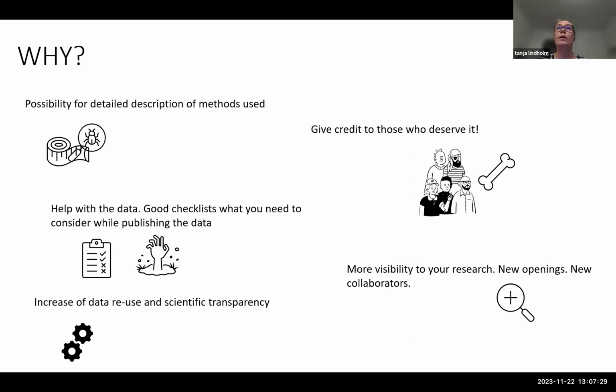And if you think about legacy data, for example, from Lammi Biological Station, we might have 70 years of data. And of course, the methods and equipment have changed over time. If you think about the scope of the scientific outcome, you can't really describe this in detail.